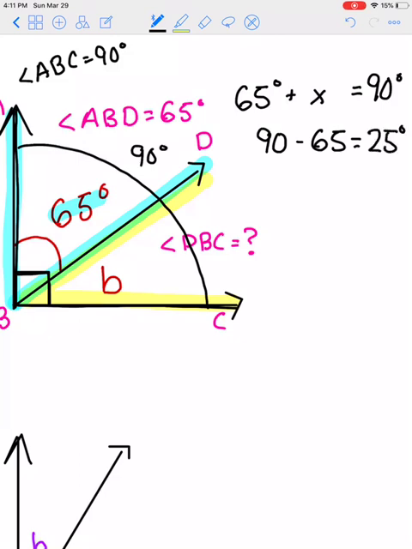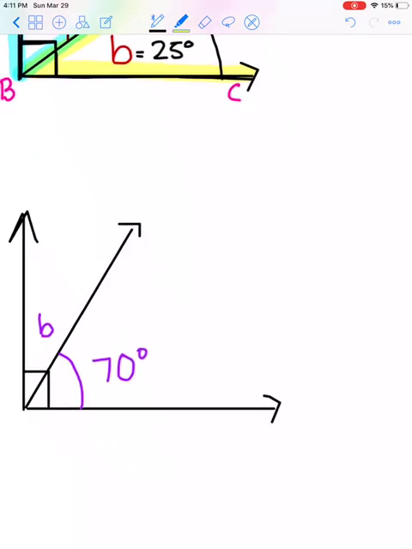So I know B equals 25 degrees because it has to add up to that 90 degrees because it is a right angle.